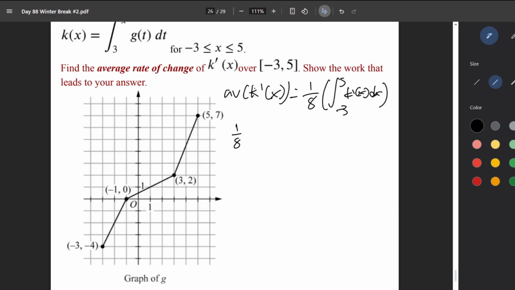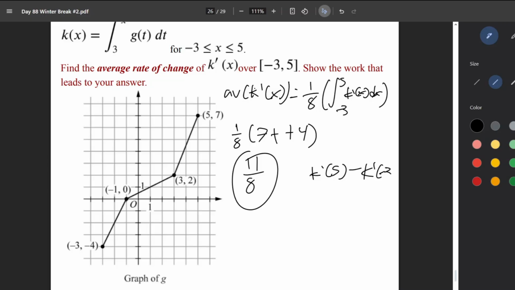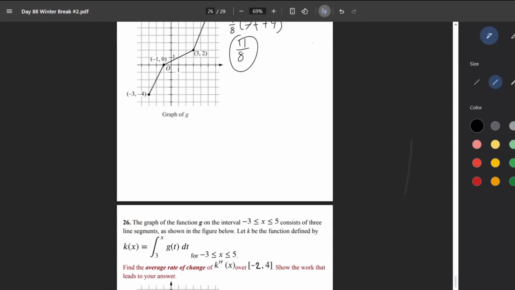K dash of 5 is just 7. Actually, wait. K dash is just g, so yep, it would be just 7, I think. And then minus 4. So it would be 11 over 8. So it would be k dash of 5 minus k dash of negative 3, I believe, for the answer. I think that is right. Someone will have to fact check me on that, but you know.